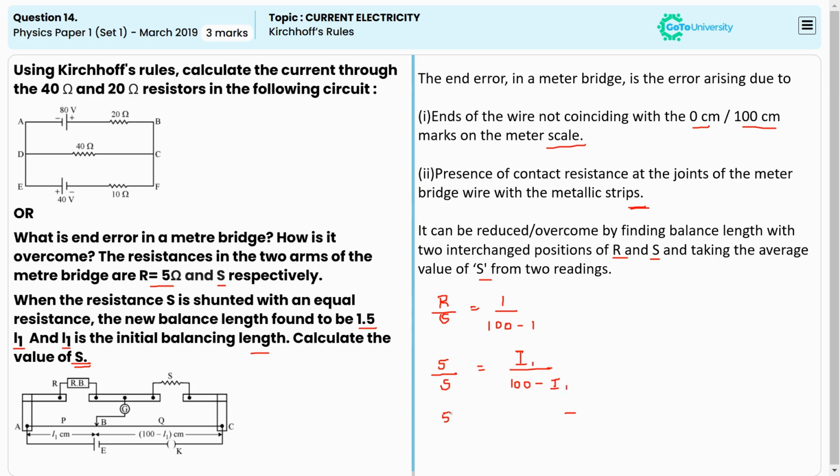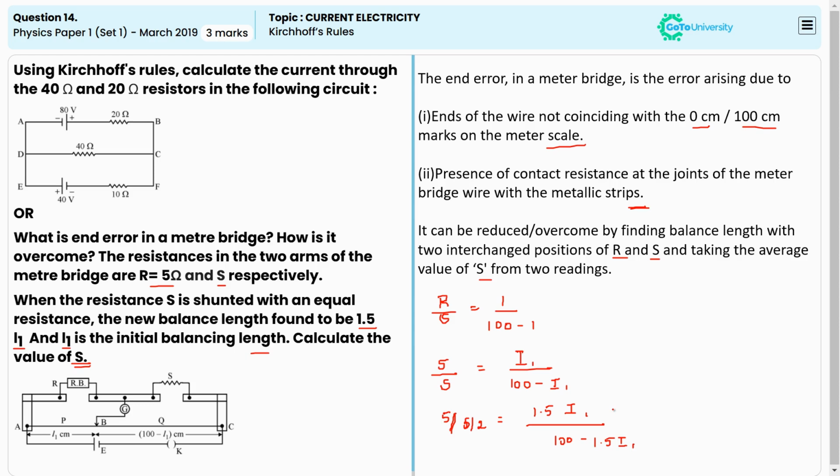Then 5 divided by S by 2 is equal to 1.5 I1 divided by 100 minus 1.5 I1.